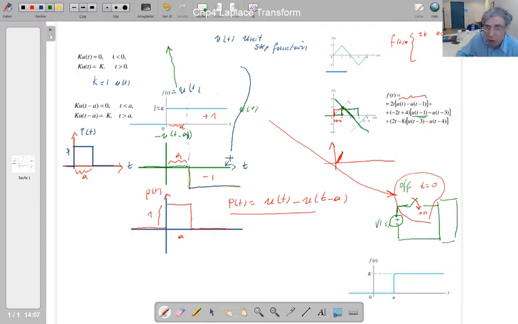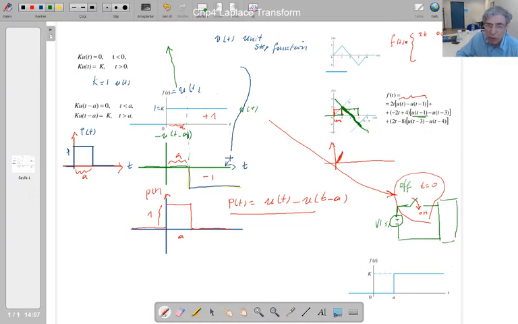If you multiply this pulse function with this function, you're going to get that bold green here. The last one is this function, 2t minus 8.